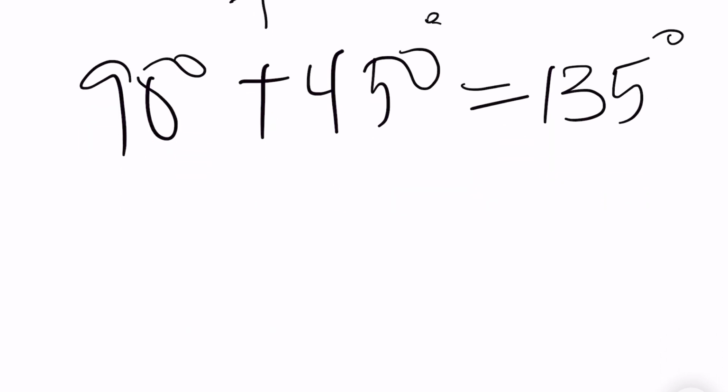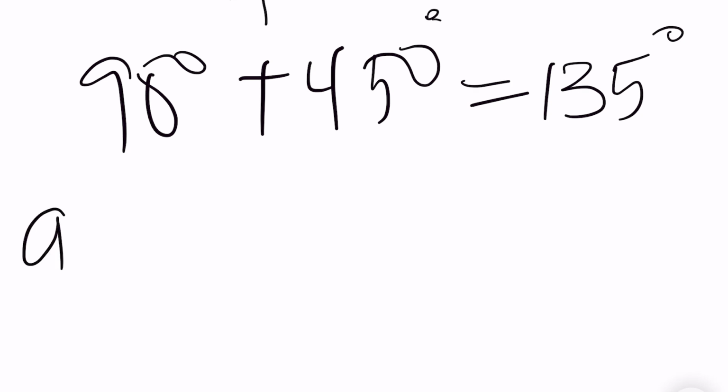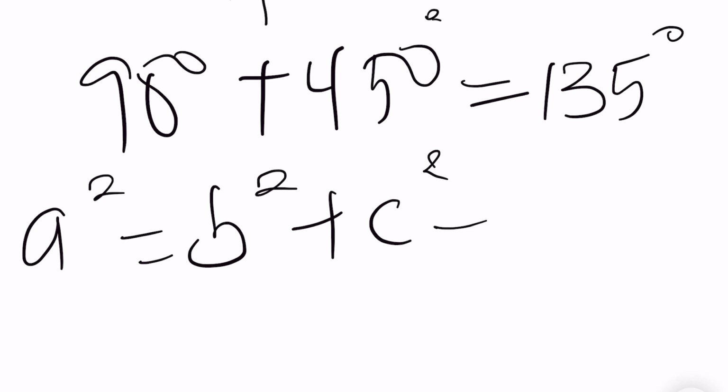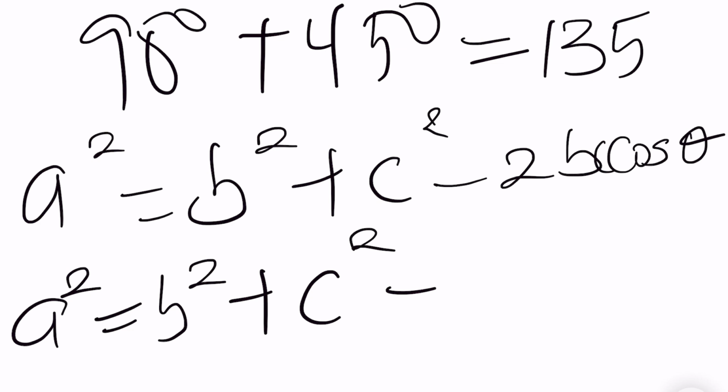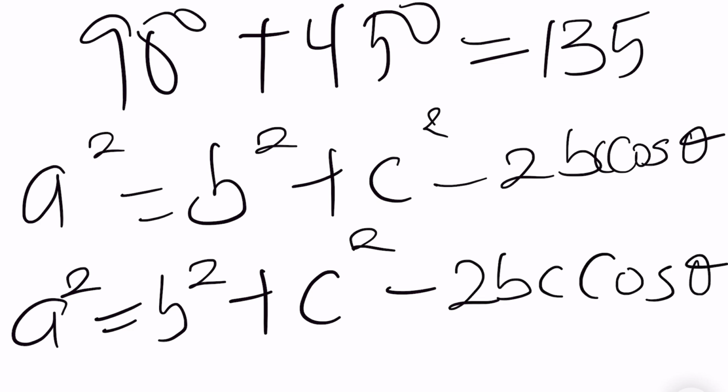Now, using the cosine rule, here we have a squared equals b squared plus c squared minus 2bc cos theta. So our theta is 135 degrees.